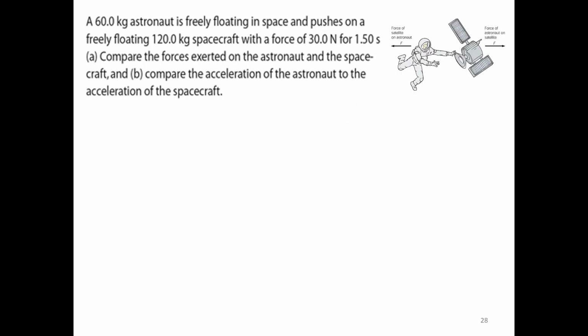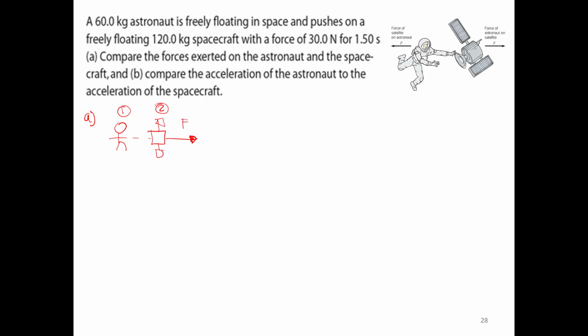Let's try it with the first one, let's solve number 8. In this case, we had the astronaut, and here we had the satellite. According to the problem, the astronaut exerts some force on the satellite. Let's say this is 1, this is 2.